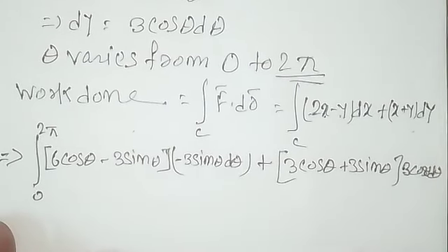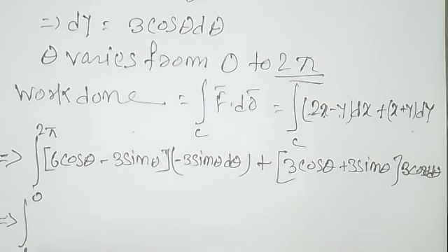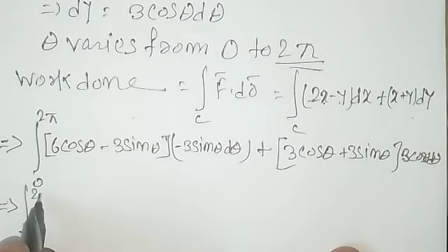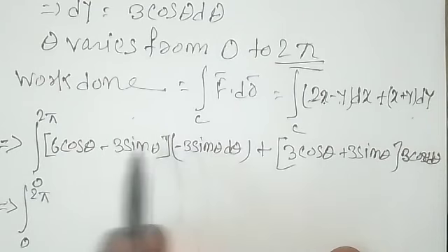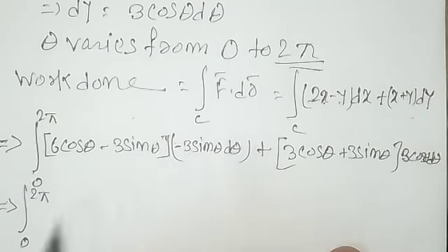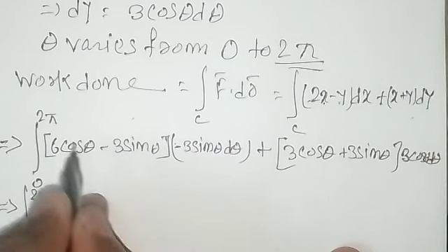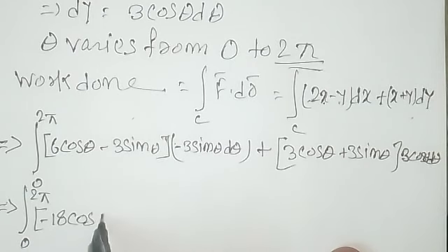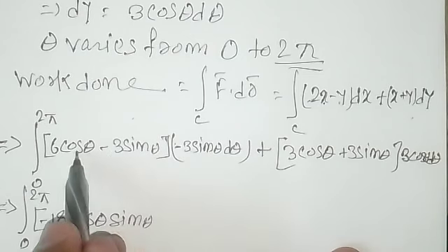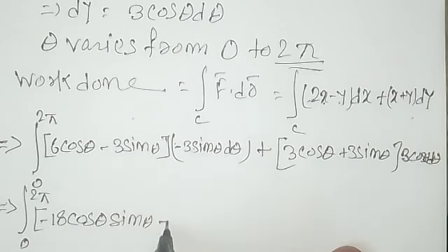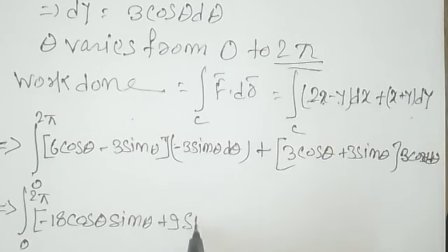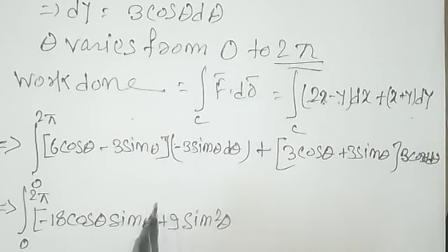Then you can simplify this further: integration from 0 to 2 pi. 6 times 3 is 18, so we can say minus 18 cos theta sin theta, and minus minus plus 9 sin square theta, right?